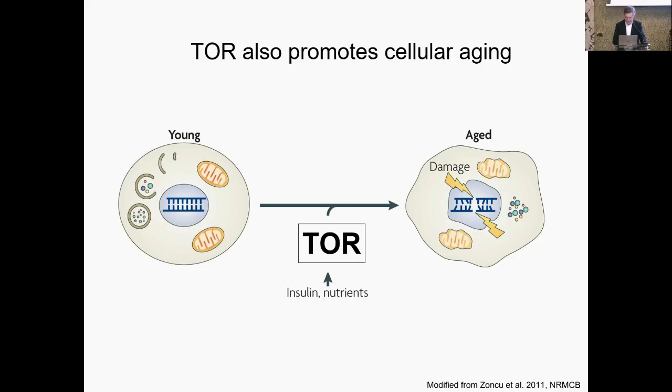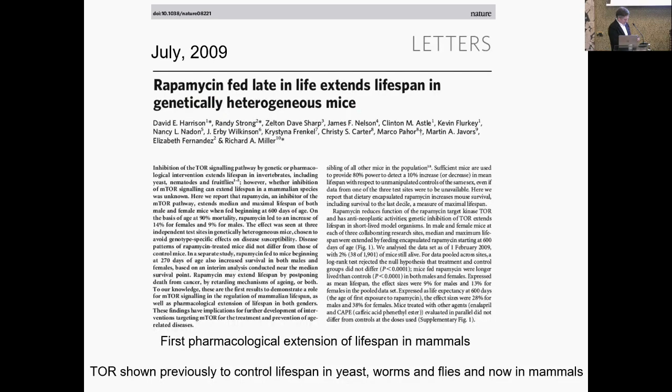In 2009, there was a publication which created a large amount of excitement, was the demonstration that mTOR also controls lifespan in mammals, in this case in mice. So this is the first ever pharmacological extension of lifespan in a mammal.